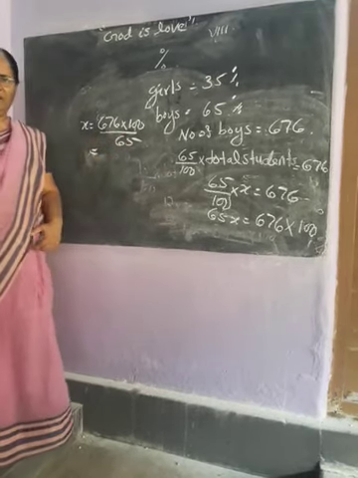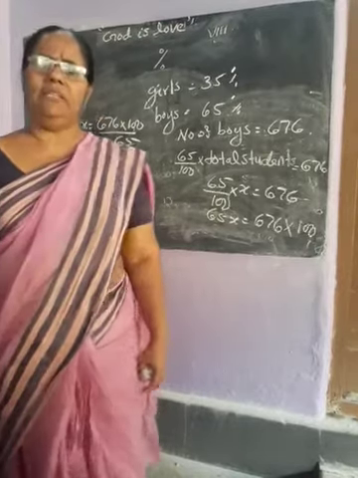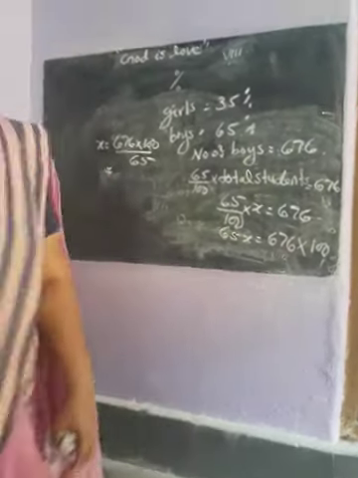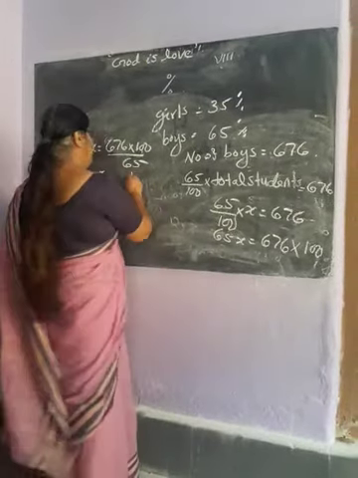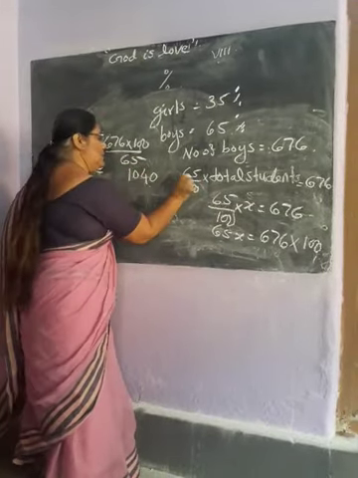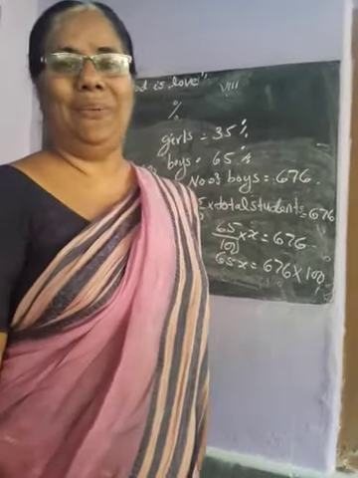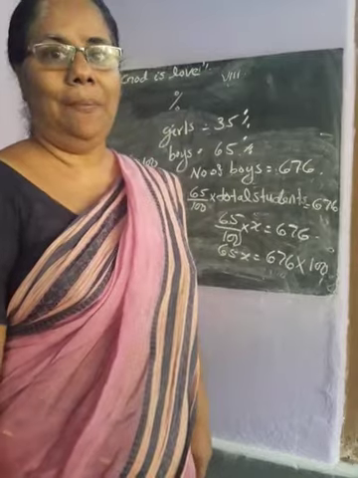Find the answer. You can do it by yourself. The answer is 1040. Got it? 1040. All of you got it? That is the total number of students is 1040.